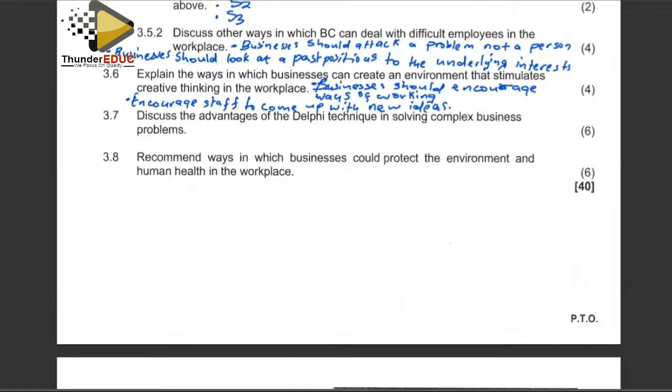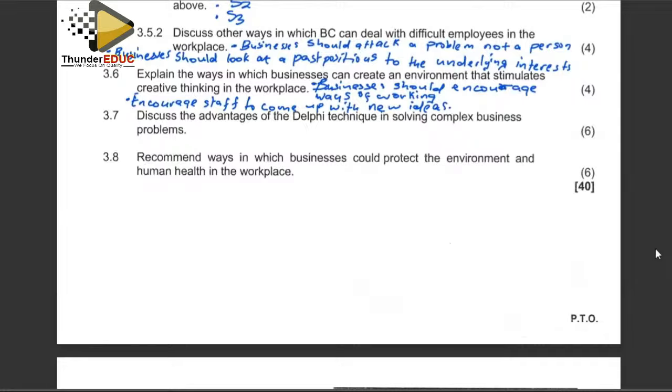Okay, right, grade 12. So now we're saying that businesses should encourage ways of working to its employees, and also businesses should encourage staff members to come up with a different set of new ideas.